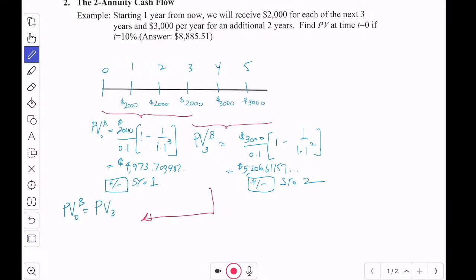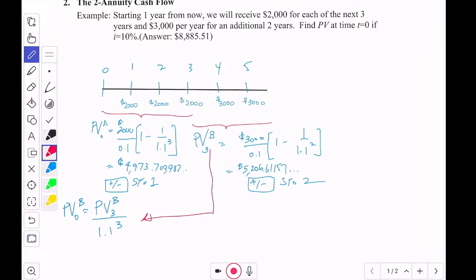So I just write this because I don't want to rewrite the whole number. And this will be at 10% for 3 periods. Again, 3 discounting periods will bring me back to time 0. So I'm going to take this amount back.